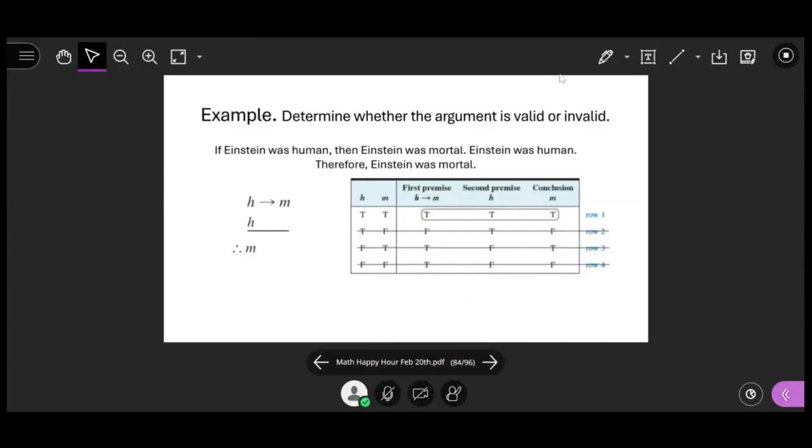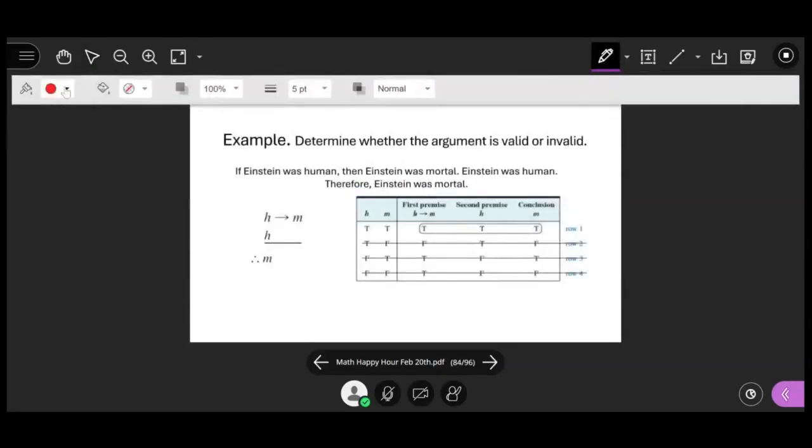Now you can also set it up in a different way. It might take a little bit longer, but it works. So if we have H conditional M, that's your first premise. And I'm going to use a symbol for and, the second premise, all together.